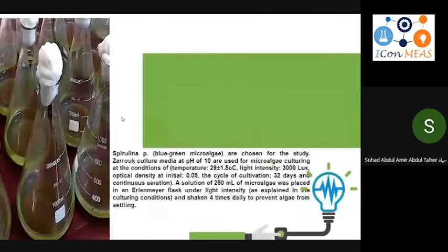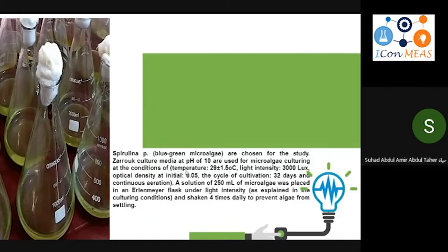Here we culture the microalgae Spirulina, which is blue-green algae, and we use Rock culture medium for this culturing, with this pH, temperature, and light intensity.